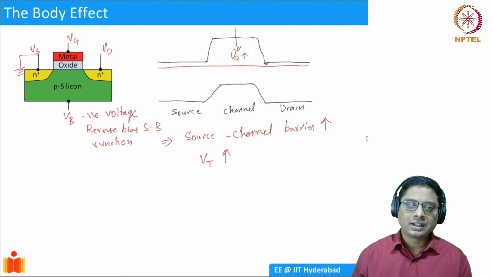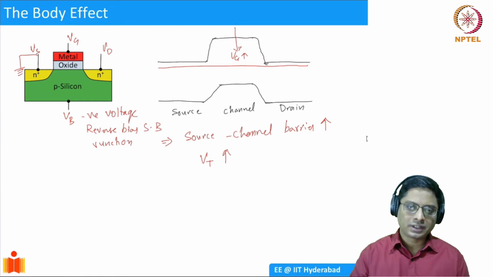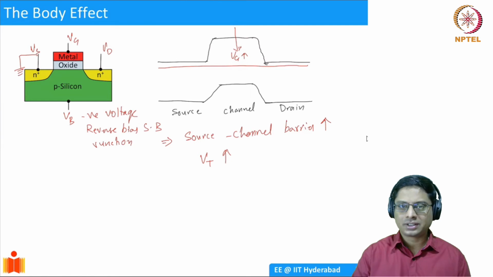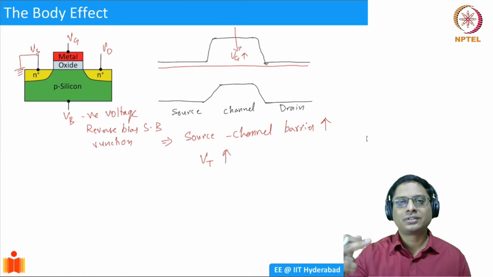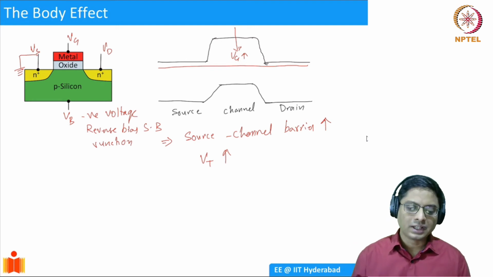So in a way, by using my fourth terminal, which is the bulk voltage, if I apply a negative voltage for an NMOS transistor so that I reverse bias my source bulk junction, then I'll increase the barrier for the electrons, and because of that the VT has to be larger. Okay, and this effect is known as body effect.